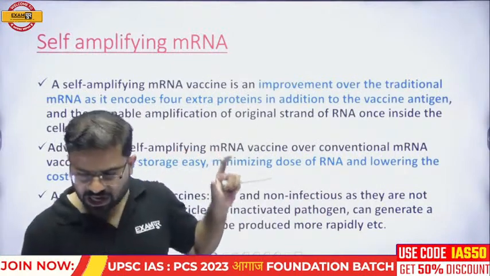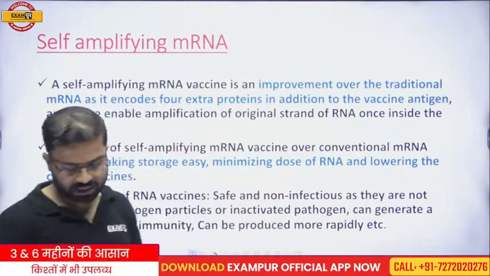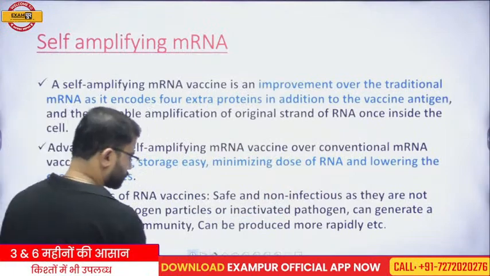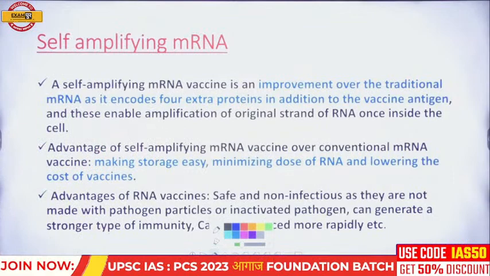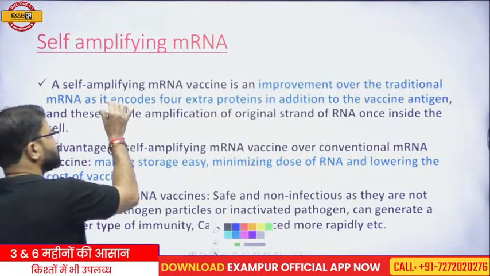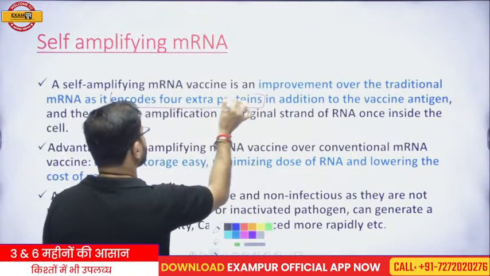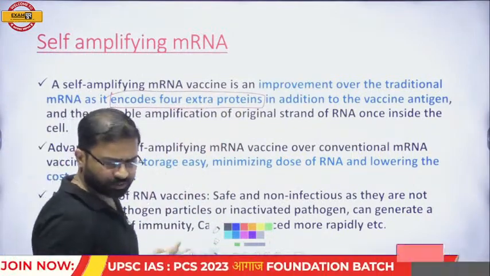But in self amplifying mRNA हम लोग क्या करते हैं? A self-amplifying mRNA vaccine is an improvement over the traditional mRNA as it encodes 4 extra proteins. So आप देख सकते हैं 4 extra proteins are being encoded.